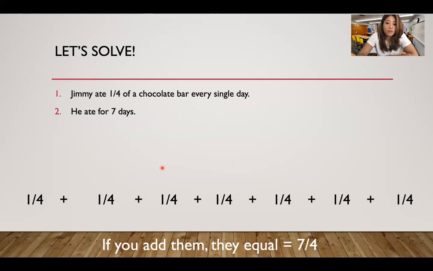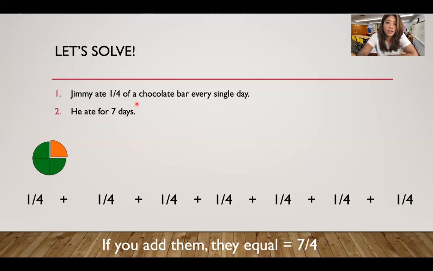So let's solve. Now he ate for 7 straight days, okay? So on day 1, he ate this much of a chocolate bar. Unfortunately, boys and girls, I could not find a picture of a 1/4 chocolate bar. So I went ahead and settled for this little diagram that I have here for you.